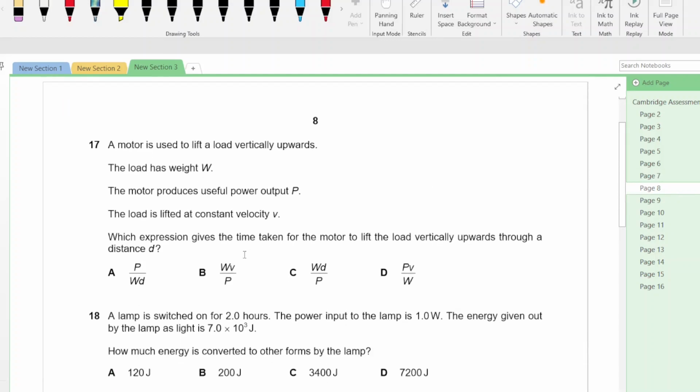Question 17. A motor is used to lift a load vertically upward. The load has weight W. The motor produces useful power output P. The load is lifted at constant velocity V. Which expression gives the time taken for the motor to lift the load vertically upward through a distance d?